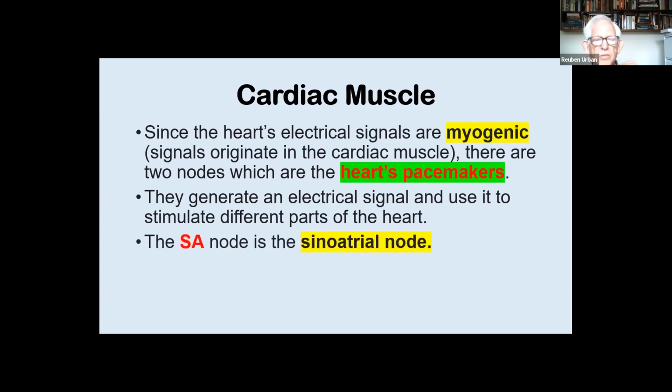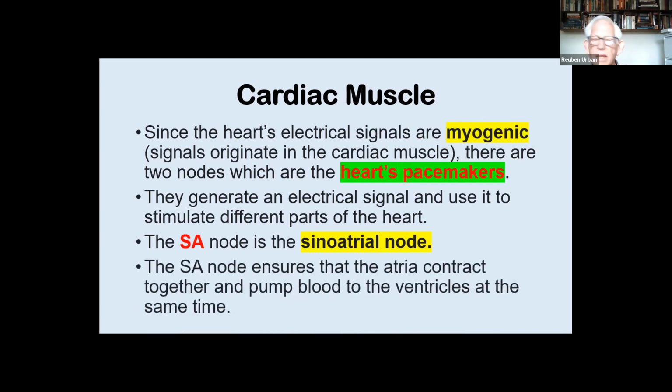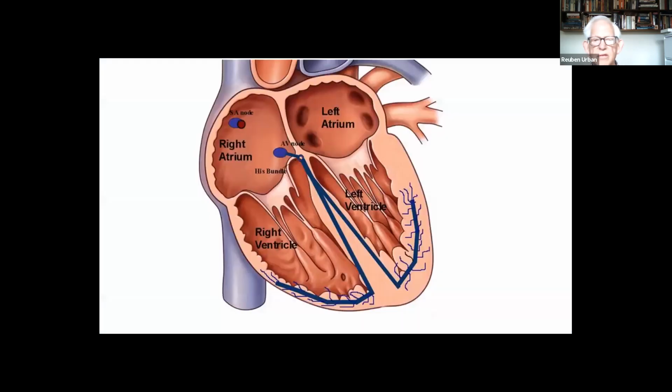The first one is called the sinoatrial node, and it's in the right atrium. I'll show you all this in a sec. The SA node, and then this is the bit that contracts the two atria.